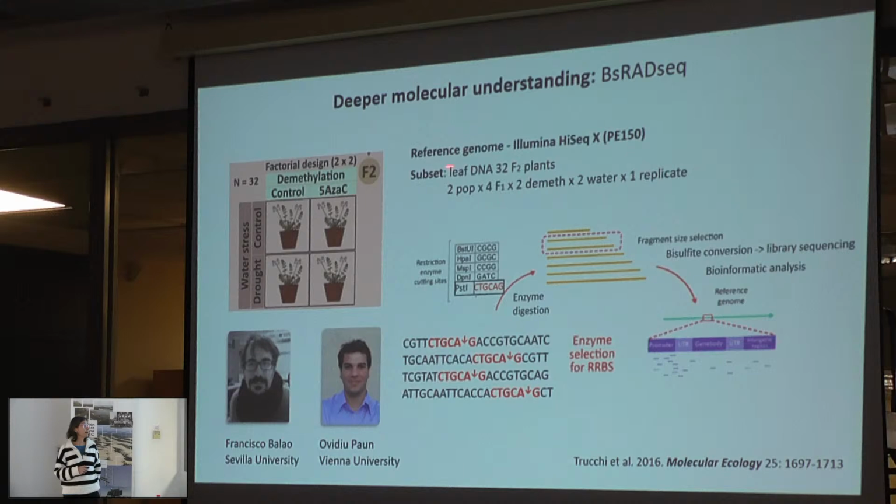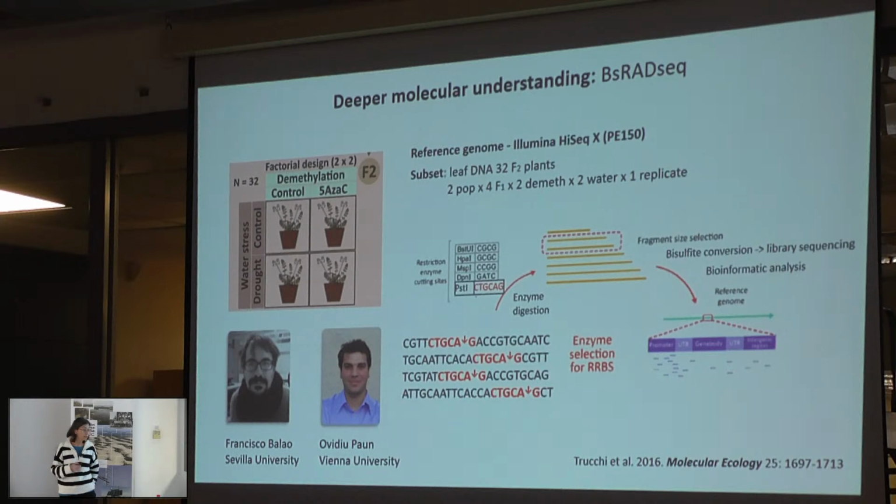We had to build a draft reference genome for the species, and we applied the methodology to a subset of our design: out of 288 plants, we only had money to do this in 32 individuals, from the two populations, four families, the two demethylation levels and the two water levels, with just one individual per family in each of the treatments. So we don't have replicates per family.